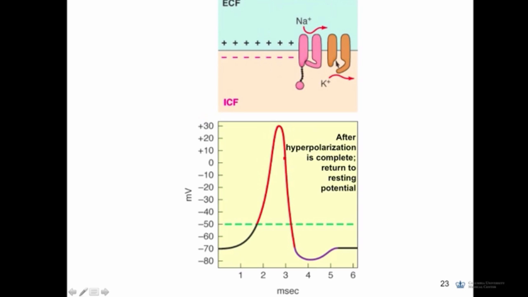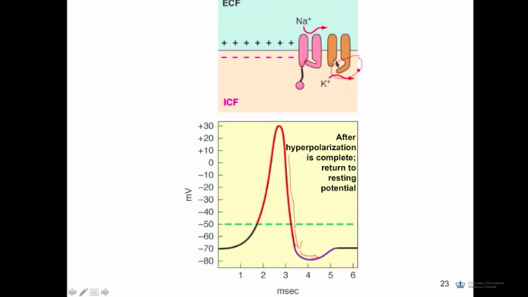Now, eventually, membrane potential is going to come down, come down, come down, and it's going to get close to resting membrane potential. Now, the potassium gates are a little slow, much more slow compared to sodium gates in closing.